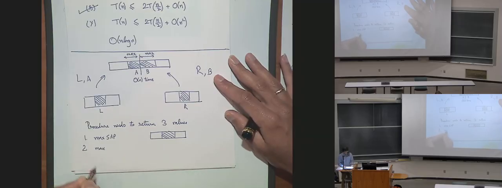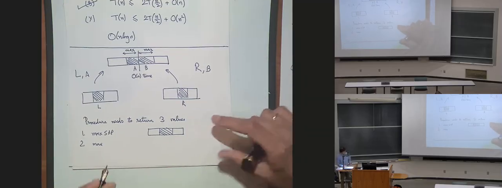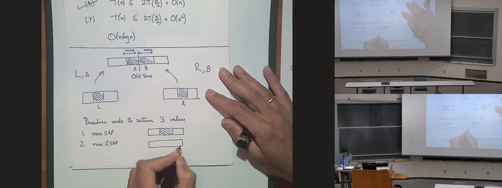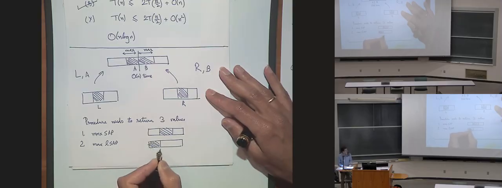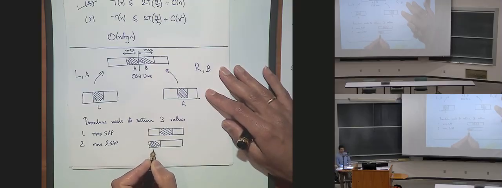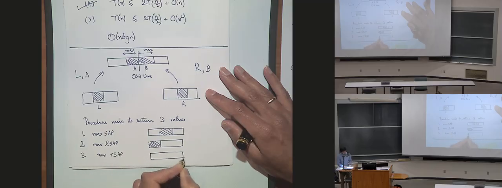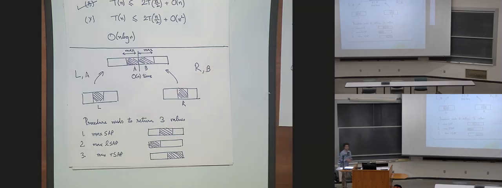Then it has to return something that I'll call the max L subarray, which is the maximum that starts at one end. And then it also has to return the max R subarray. It has to return all these 3 numbers. Does that make sense? So this is my problem.